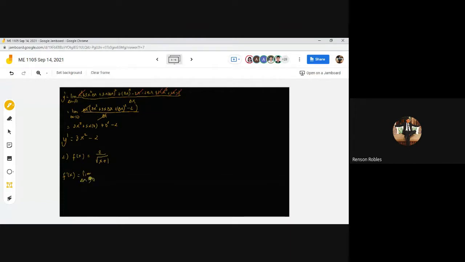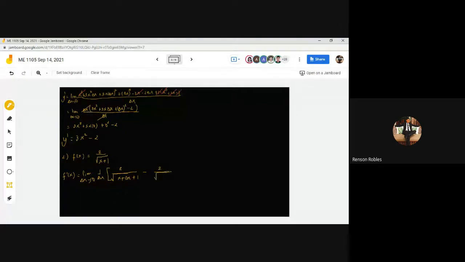So 1 over delta x. Then times, you replace x by x plus delta x. 2 all over the square root of x plus delta x plus 1. Then minus the function itself, the square root of x plus 1.